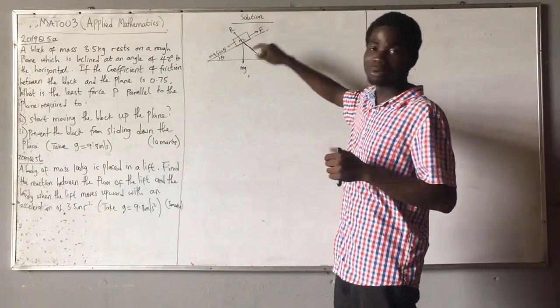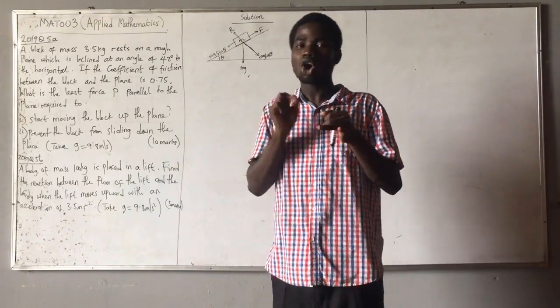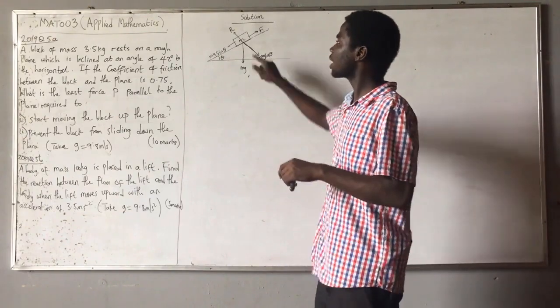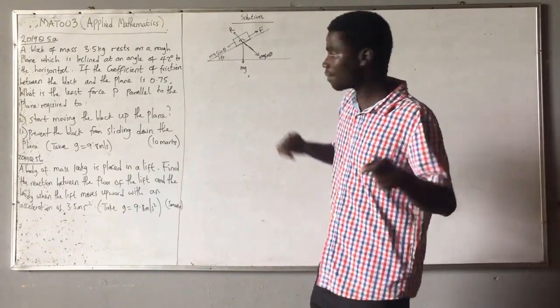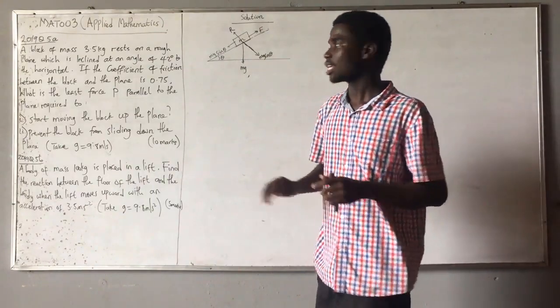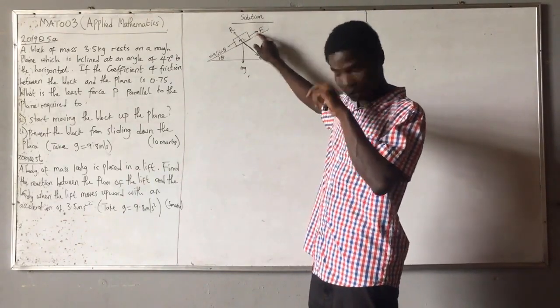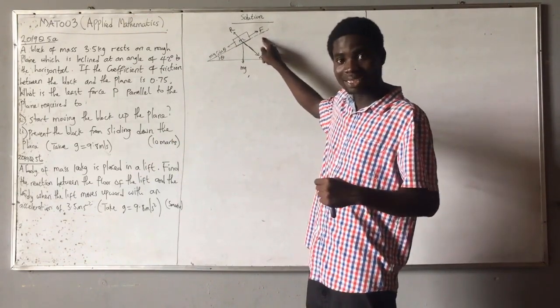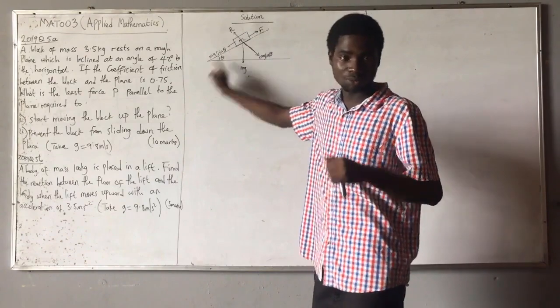You might be given the force, or you might be told to find force. Now, in reality, if this object is not moving, that means that mg sine theta and this force are the same. If mg sine theta is greater than the force applied to this object, it will be moving downward.